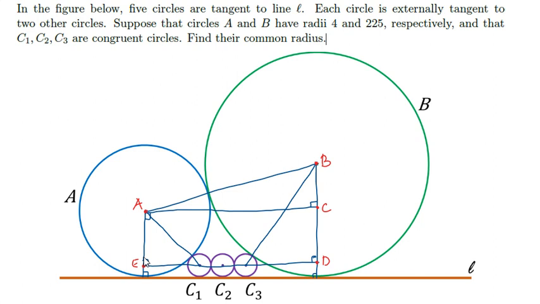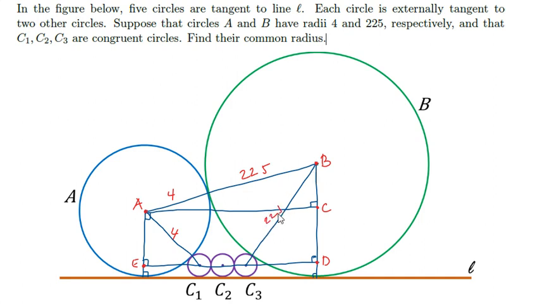Okay, so this one right here is 225, the radius of the green circle. This one is 4, the radius of the blue circle. We also know this is 4. That's another radius. This one right here is another radius of circle B.